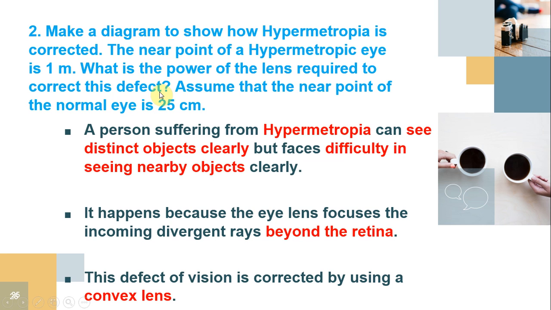A person suffering from hypermetropia can see the distant objects clearly, but he cannot see the nearby objects. So he needs to correct the near vision. It happens because the eye lens focuses the incoming divergent rays beyond the retina. So the image is formed behind the retina. This defect of vision is corrected by using a convex lens.